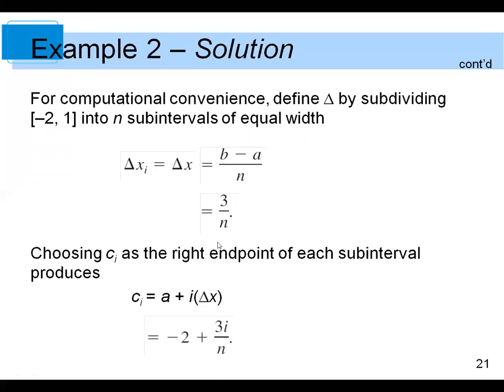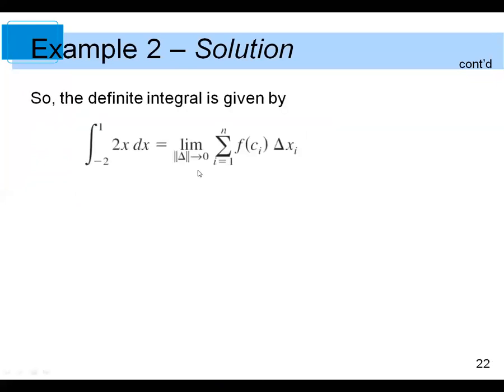Okay, so if I plug in what these values are, a is -2, so it's -2 plus i times delta x. Delta x was 3 over n, so it's going to be i times 3 over n, or 3i over n. So it's -2 plus 3i over n. That's my ci. So the definite integral is the limit of the Riemann sum.